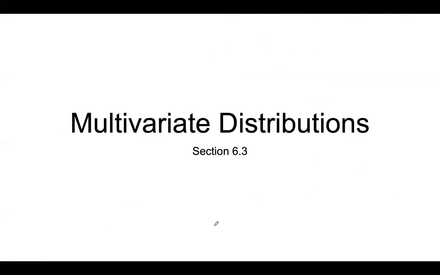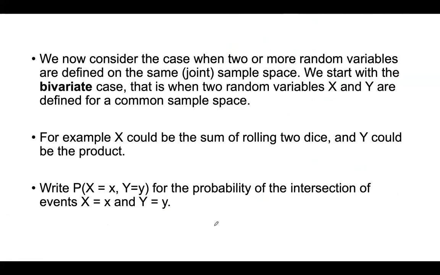Multivariate distributions, 6.3. So we now consider the case when 2 or more random variables are defined on the same joint sample space. So we start with the bivariate case, that is when 2 random variables, X and Y, are defined for a common sample space.